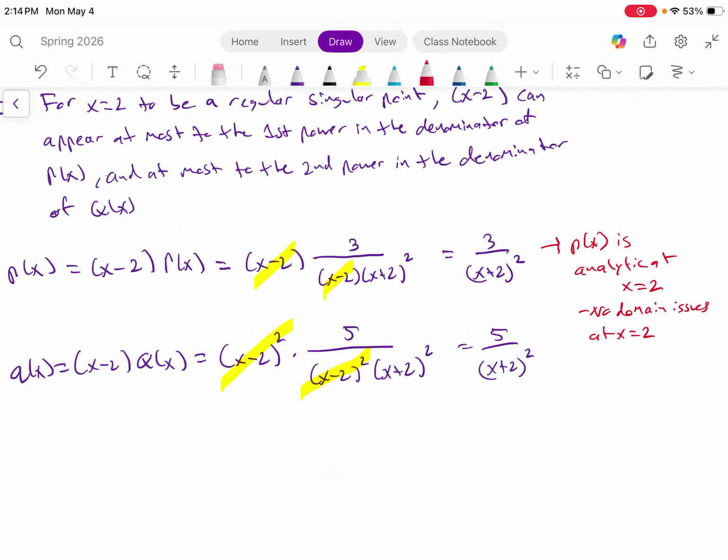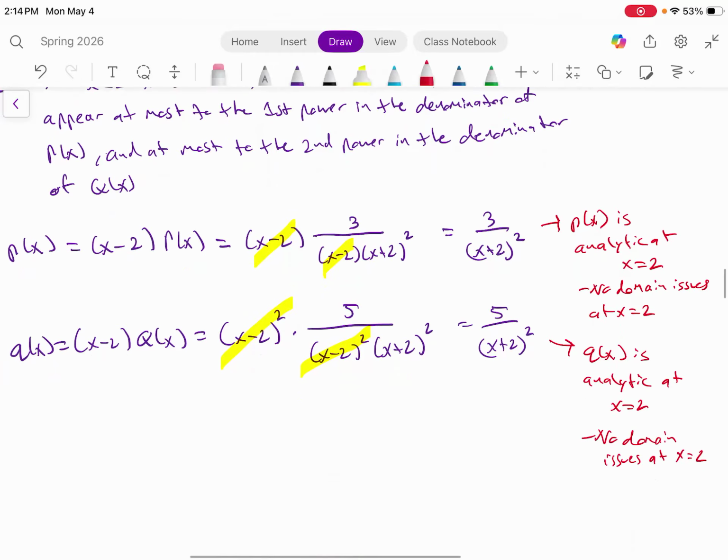So what does that mean? That means q of x is analytic at x equals 2, meaning no domain issues at x equals 2. All right, so both p of x, q of x are analytic at x equals 2.